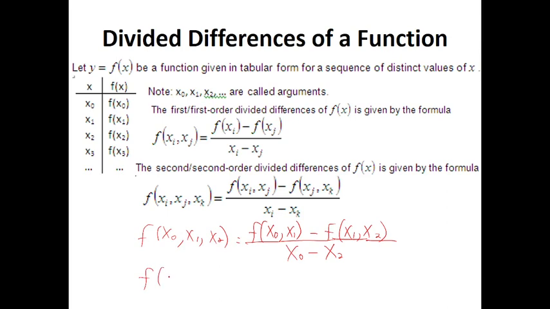Likewise, for instance, I have x sub 1, x sub 2, x sub 3. This will become x sub i, x sub j, that is x sub 1, x sub 2, followed by x sub j, x sub k, that is x sub 2, x sub 3, all over x sub i minus x sub k, x sub 1 minus x sub 3.